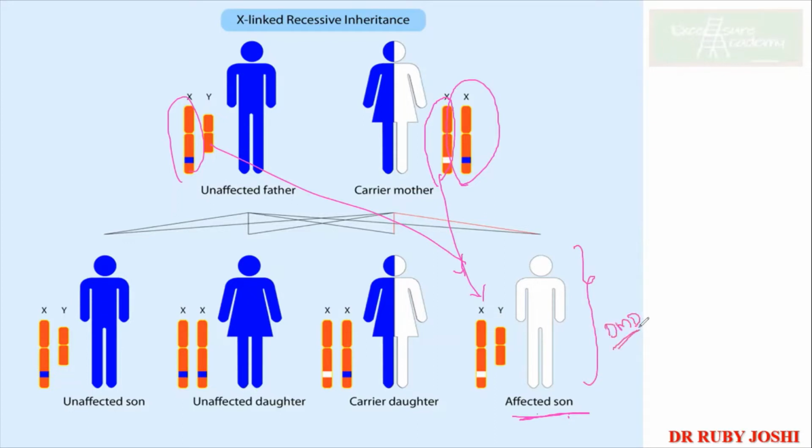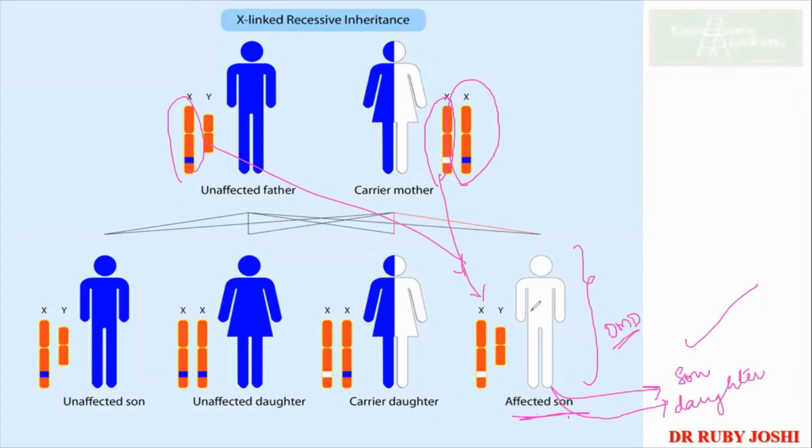Okay, now can any one of you tell me why from the affected son it is not transferred to the next generation son? Because it is X-linked, the man passes the Y chromosome. Yes, correct. Absolutely correct. Then what about having an affected daughter?